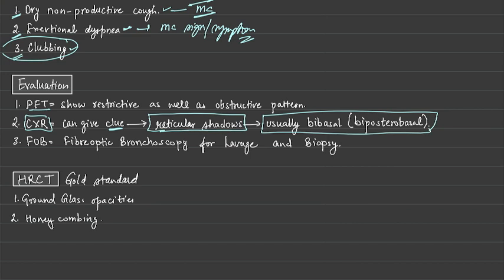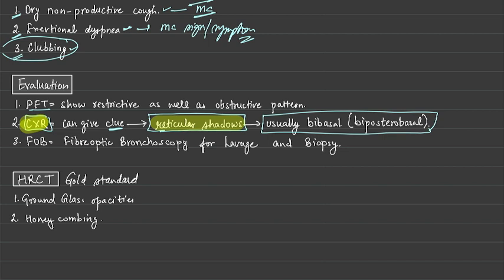That is bibasal and biposterobasal. In the posterior part, in the lower zones, you will see reticular shadows that create a sort of suspicion that the patient can have ILD.